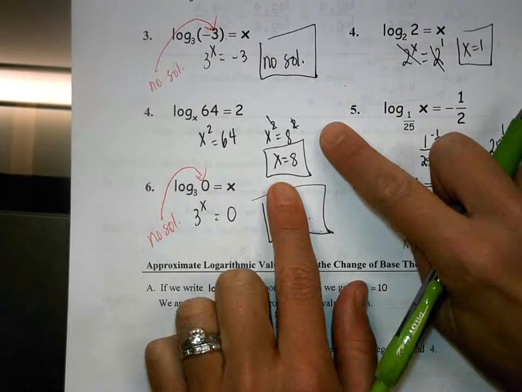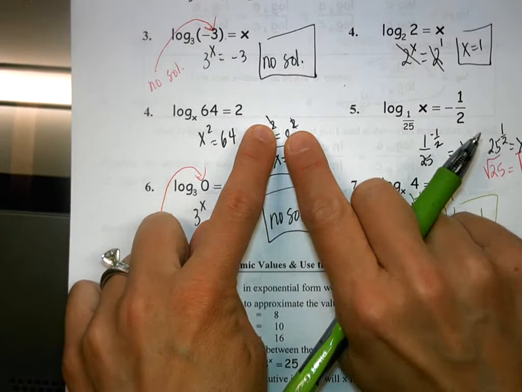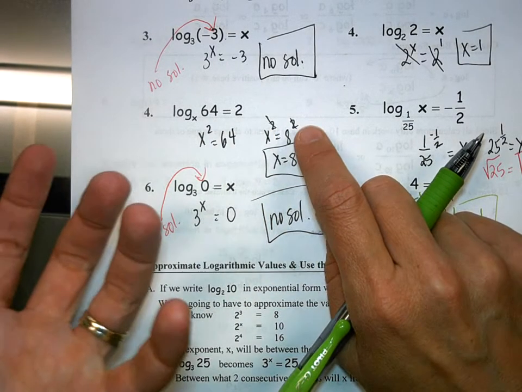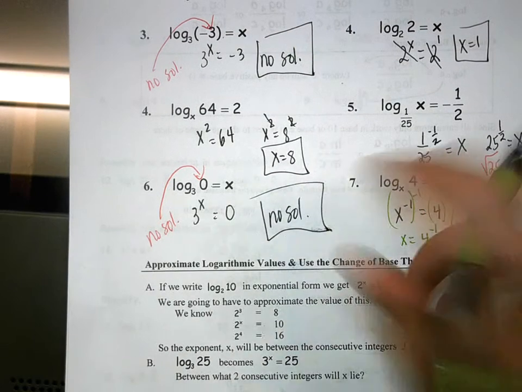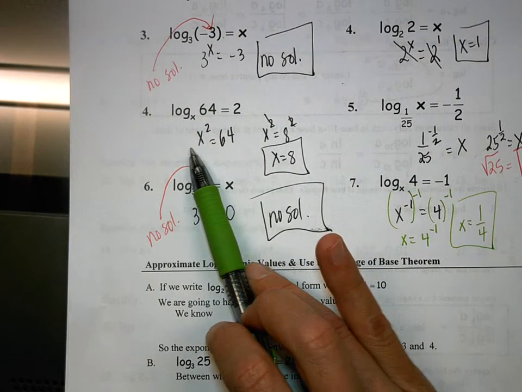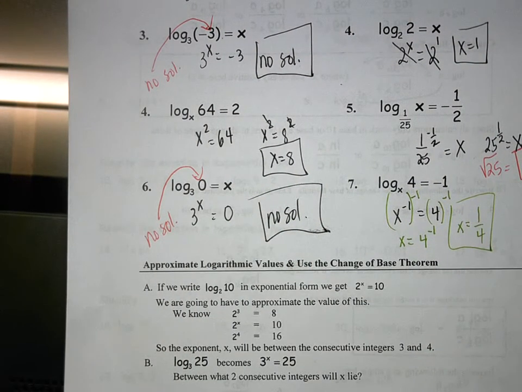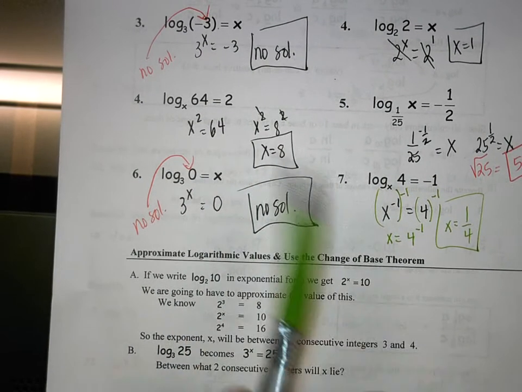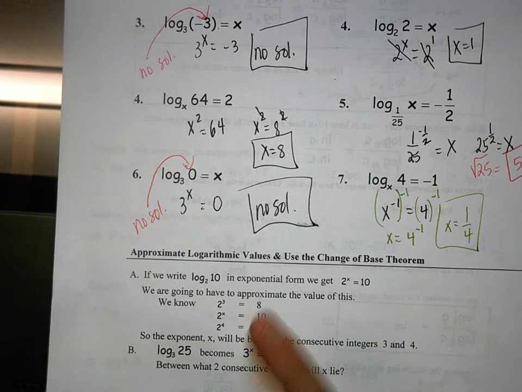So either you're trying to get common exponents or common bases. More often than not, you're getting a common base. Another way you could have done it is to take the square root of both sides. But if you're taking the square root of both sides here with logs, it won't be plus or minus because you can't have a negative base for a log. Okay? All right.